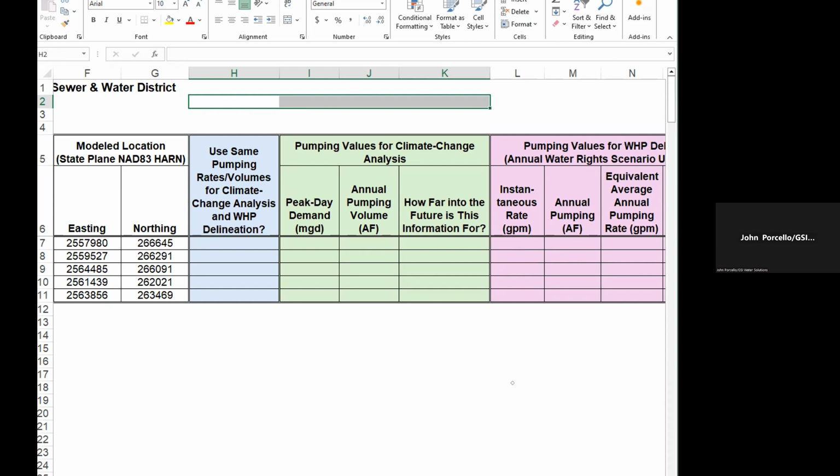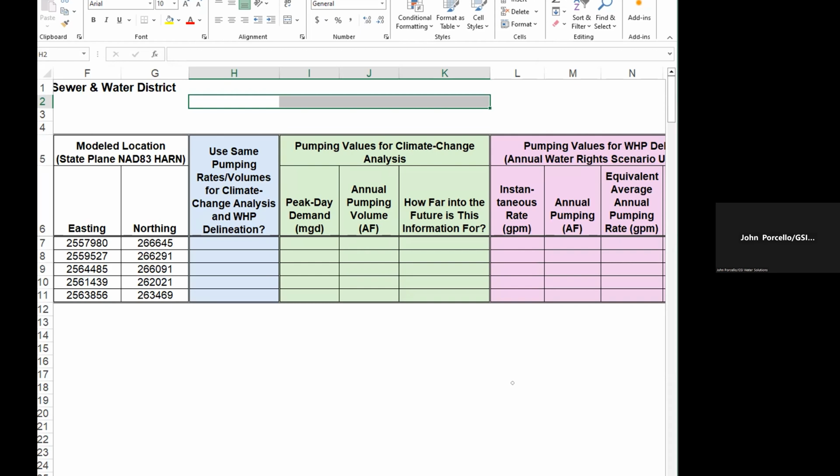You've got a hydrograph of pumping water levels, and you look at it and say, okay, the model's telling us the water levels could be 3 feet lower in the future or 5 feet lower. That might be because of both increased pumping and climate change effects on recharge to the aquifer.